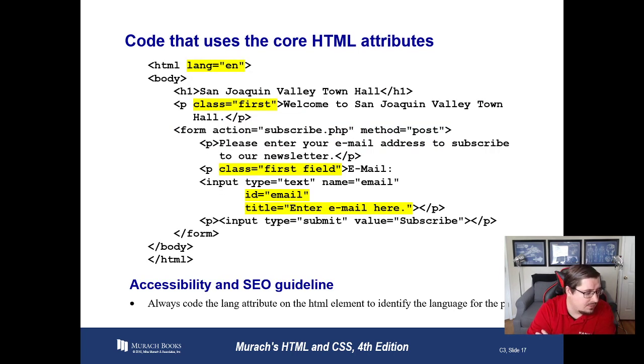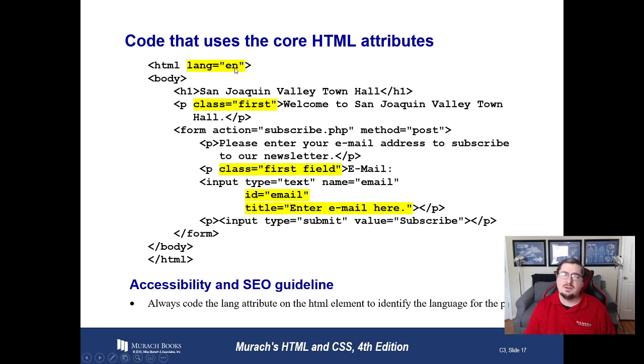Also, now that we've talked about entities, let's talk about some of the core HTML attributes. We talked about some of these already. First one on the top of this page, you can include a language. This takes an ISO code for the country and the language. So for English, it's going to be lang en.